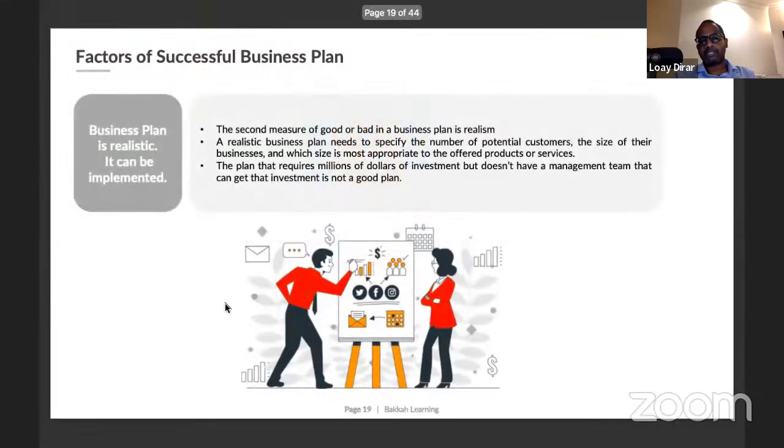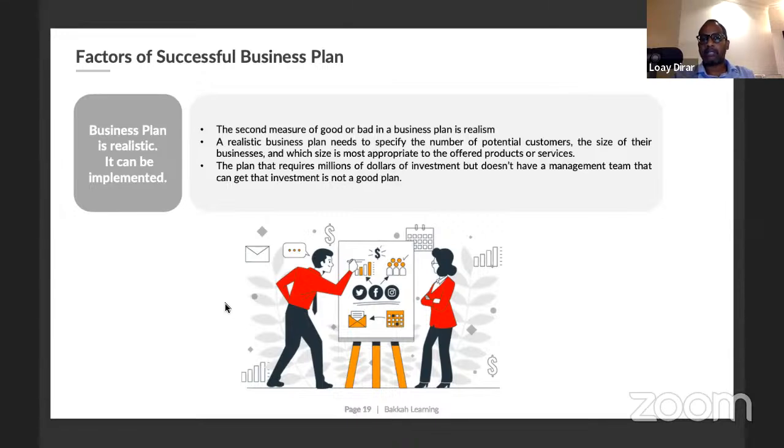Another factor is that a business plan is realistic. It has to be realistic, and it can be easily implemented. If it's not realistic, if it will not give you the right direction, if it's not based on accurate data, definitely it is going to ruin your reputation if it's an established business, or it will create more trouble when it comes to getting finances from the banks.